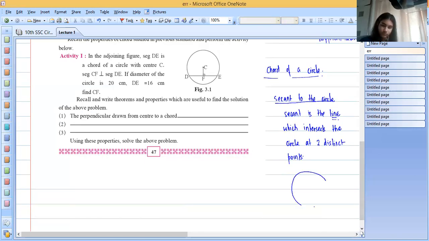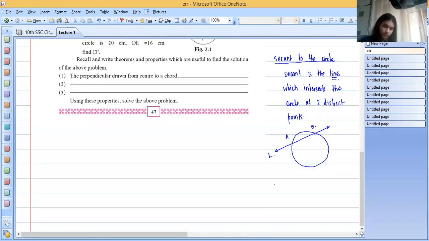Suppose you have a circle like this, then you have a secant like this. Now the secant is intersecting the circle at 2 points A and B. L is the secant. A, B are points of intersection of the secant with the circle.